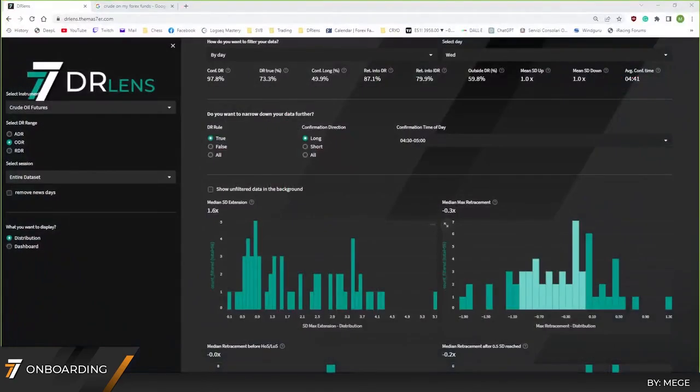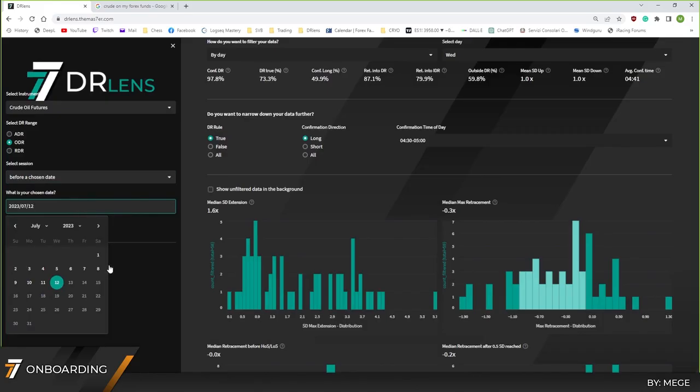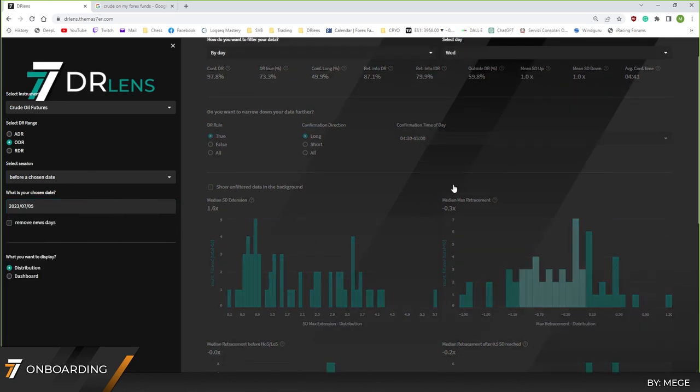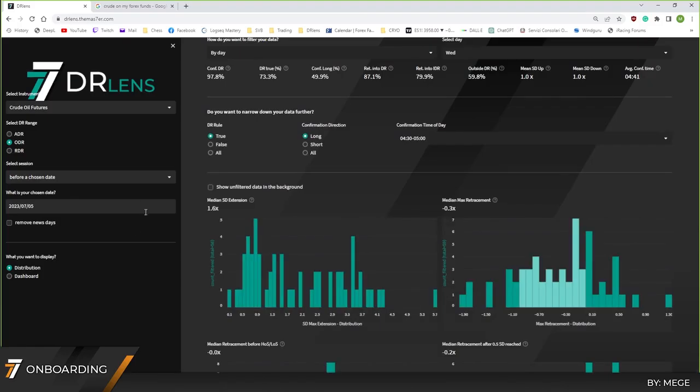If I show you my DR Lens, I can go here and say before a chosen date, say if I'm backtesting Thursdays, I want to see the data before this date so that I don't show future data, so I don't show the outcome that I didn't know at that time.